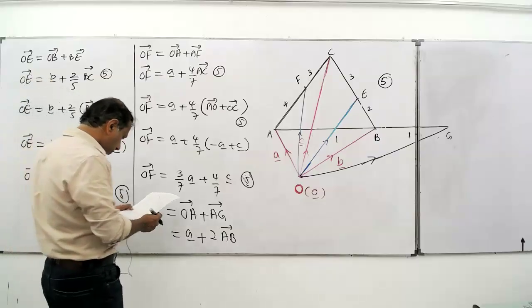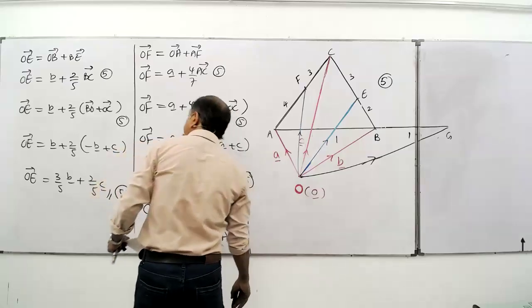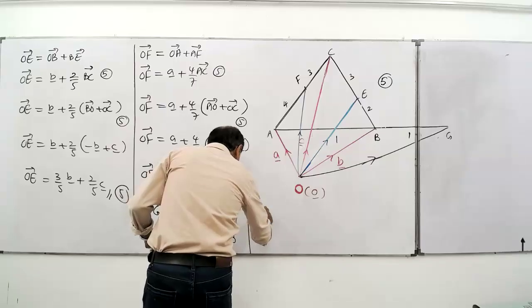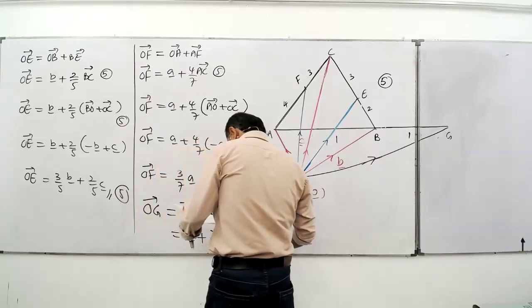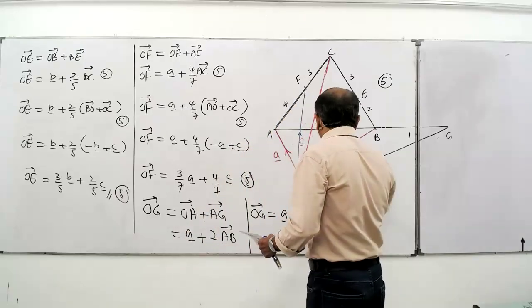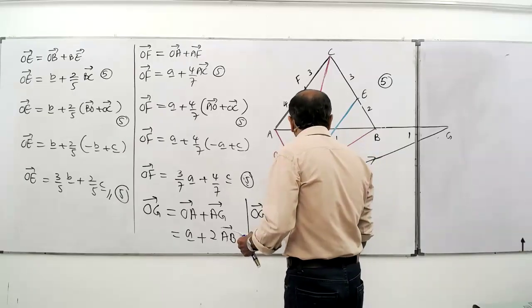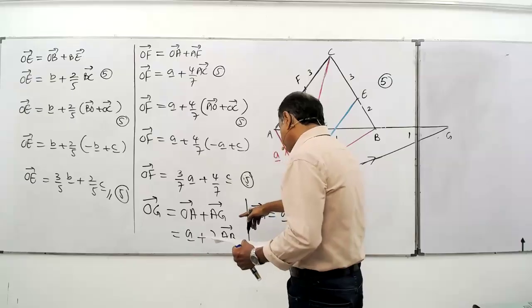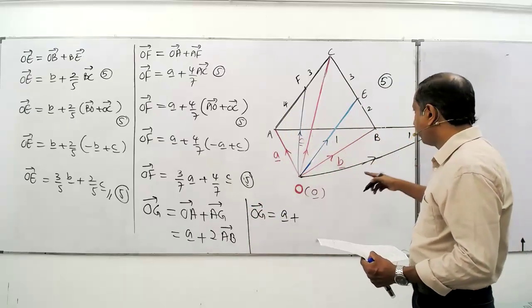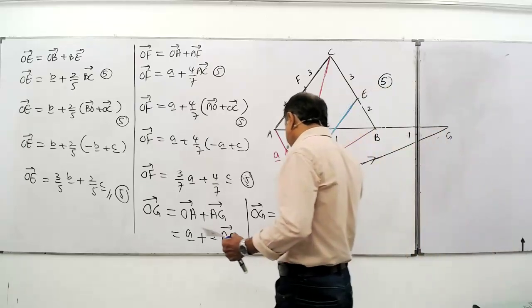So we can write OG as OA plus AG, where AG is 2 times AB, and AB is AO plus OB.